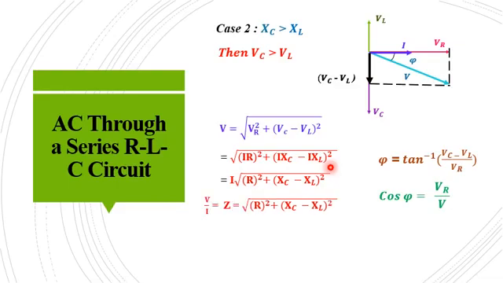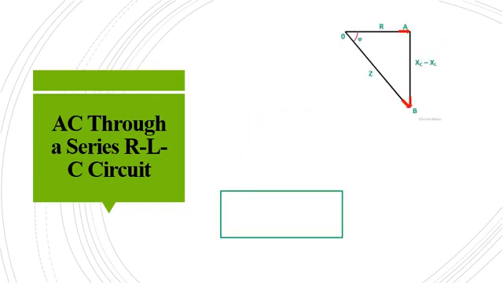So V by I, that is the impedance, is equal to root of R square plus (XC minus XL) the whole square. So this is the impedance triangle under the condition XC greater than XL. From the impedance triangle we can say that phi is equal to tan inverse of (XC minus XL) by R, and cos phi will be equal to R by Z.